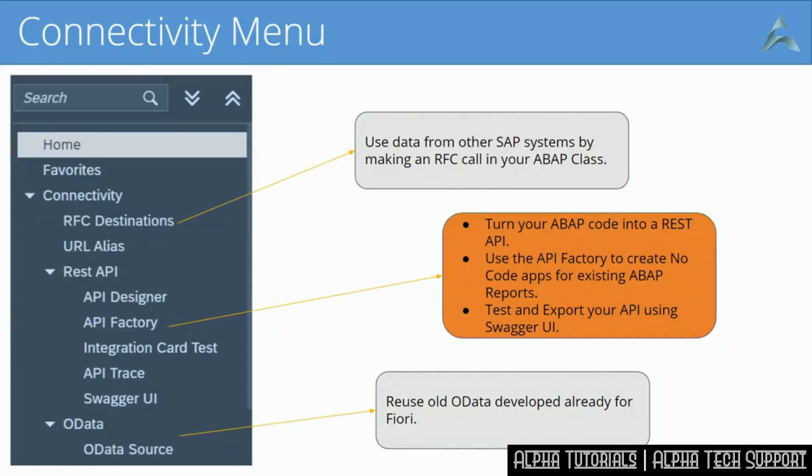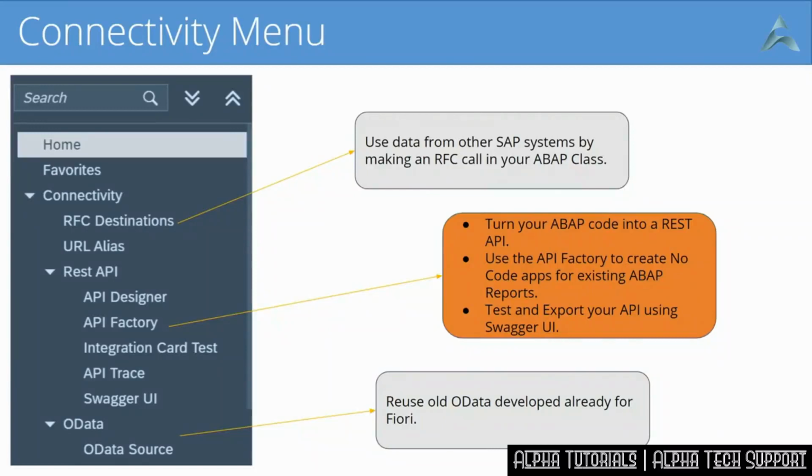And so you can create integration cards that call your backend ABAP reports, and display the results of that ABAP report in an actual card on a dashboard. So you can have like a top 5 list or top 10 list if it's returning like an ALV type report, and actually display that in your Launchpad dashboards.